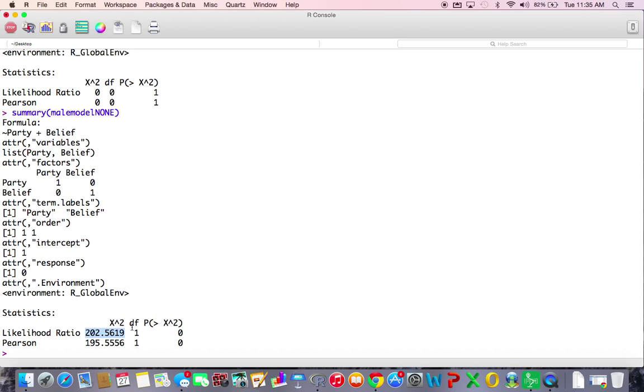Now, this model allowed the proportion of males who were Democrats, for example, or Republicans, to vary across conditions. In other words, it allowed an association between the party and beliefs. So what we have is a high test statistic with a low p-value, which tells us that this model deviated significantly from the data.